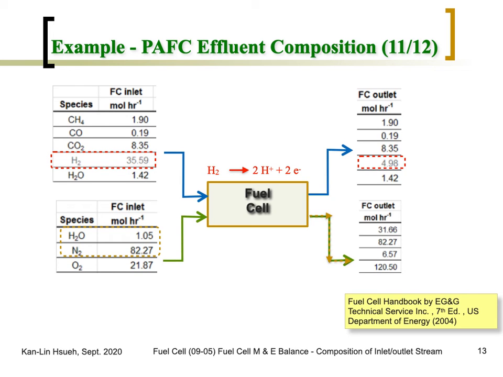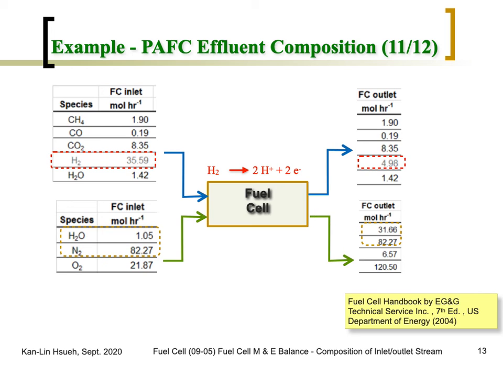Nitrogen is inert in the product, so its number remains the same. But the water will be generated, because hydrogen migrates through the separator and reacts with the oxygen to generate water. So the water molar flow rate increases from 1.05 to 31.66 mole per hour.